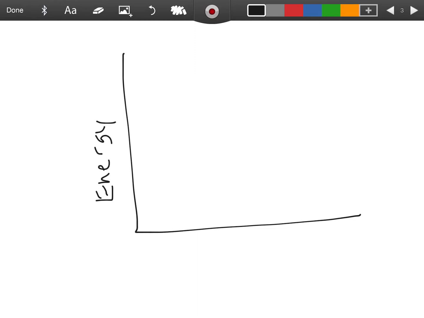All right, remember, you've got your reaction coordinate diagram. You have energy on your y-axis, and you have reaction progress on the x-axis, right? And you have starting materials over here, and you have your product over here.